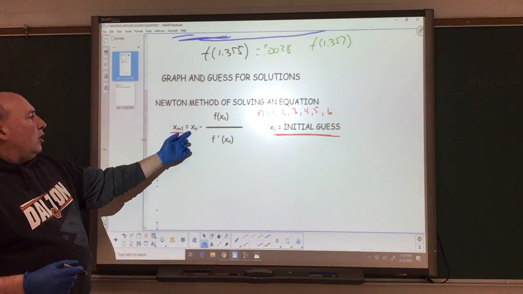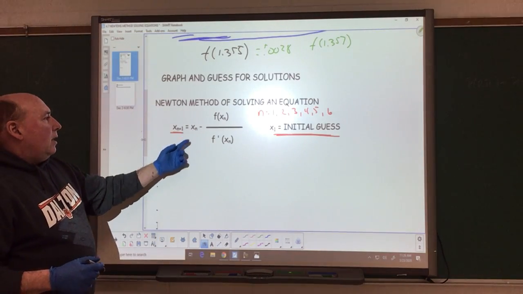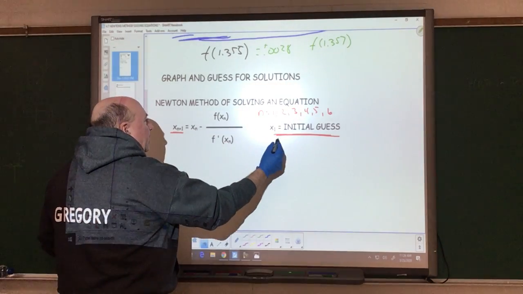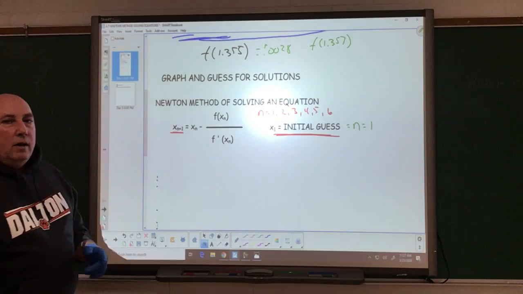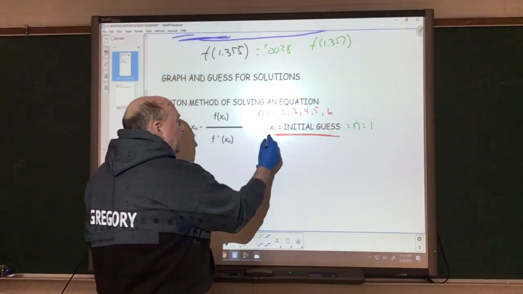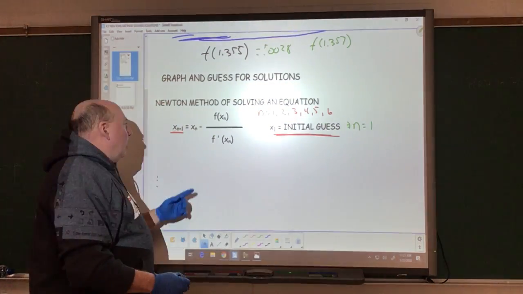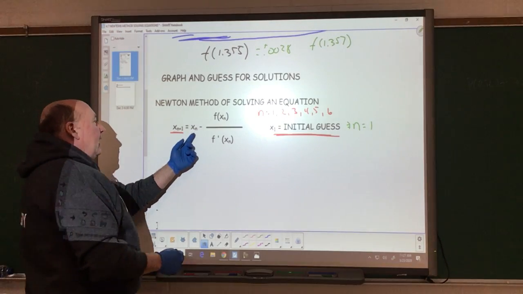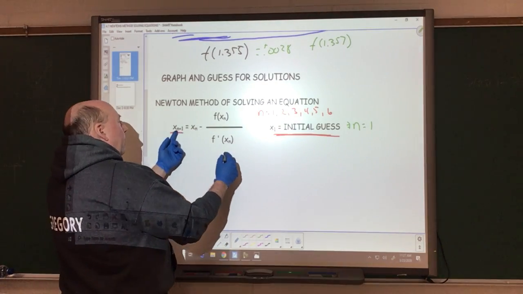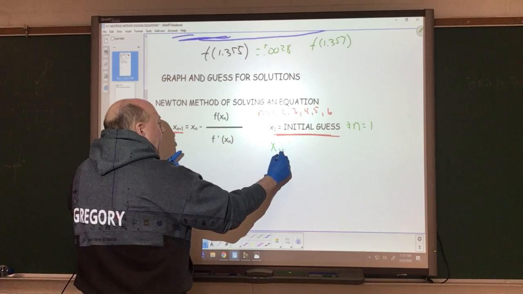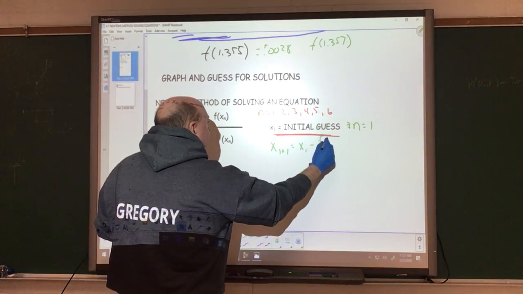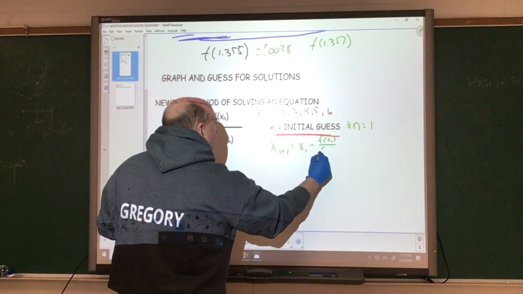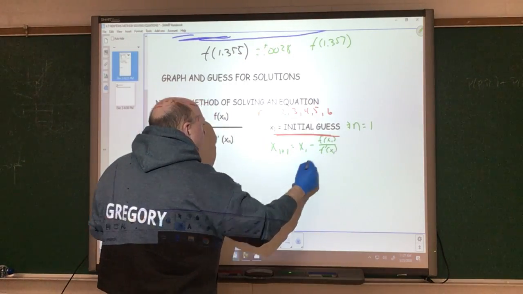So if I take a look at what this looks like, in my initial guess, this means n is equal to 1. So if I take a look at what happens here, I have x1 plus 1 is equal to x1 minus f at x1 over f prime at x1.